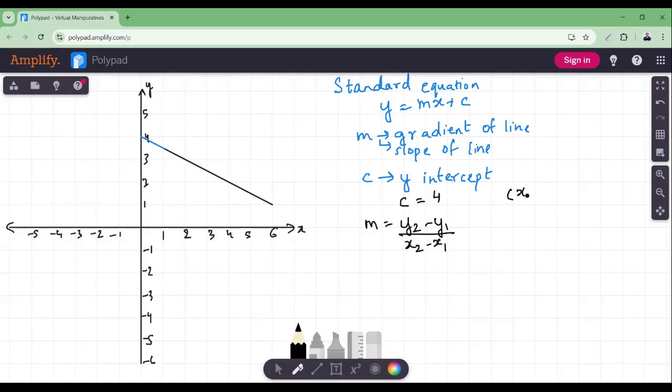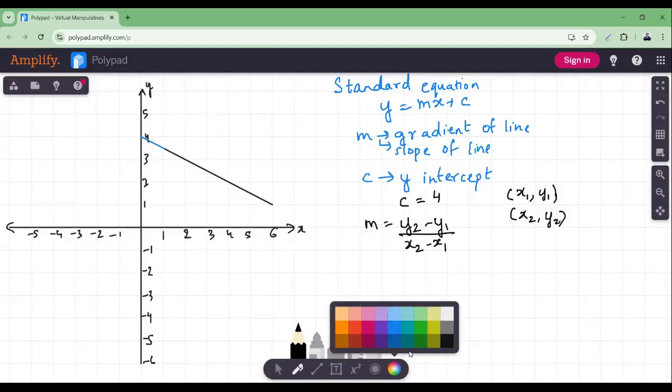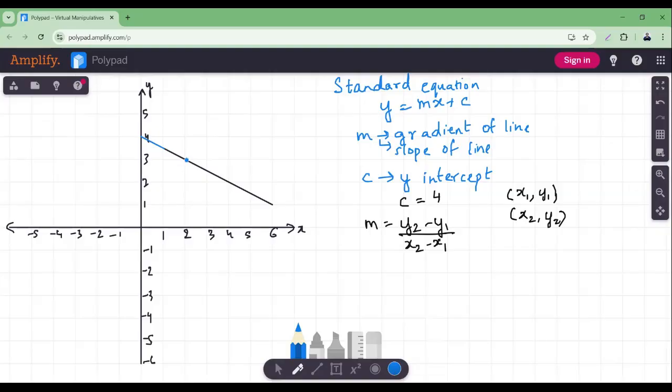I have one point x1, y1 and another point x2, y2. So on the line, I have to identify two points which will give me x1, y1, x2, y2. I'm going to identify two points here which are easy for me to find the coordinates of.